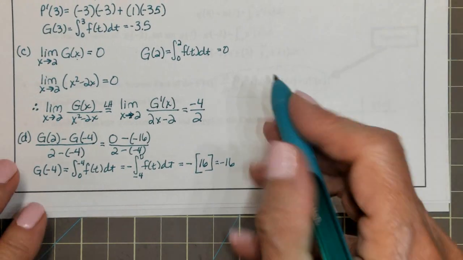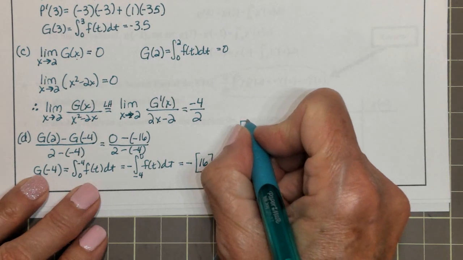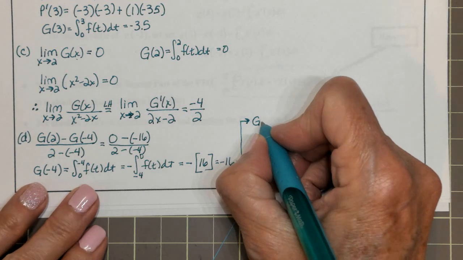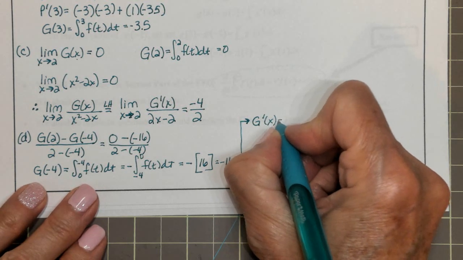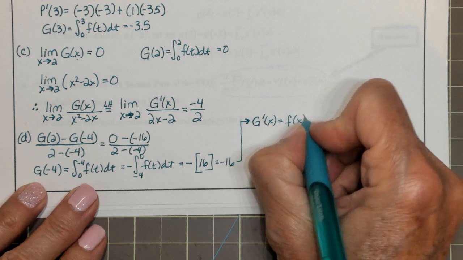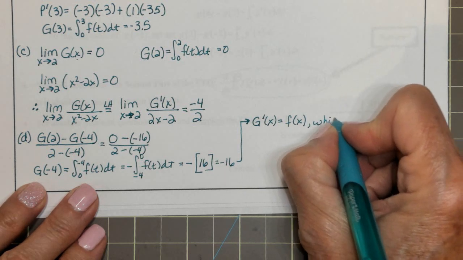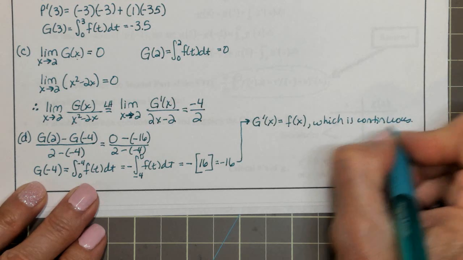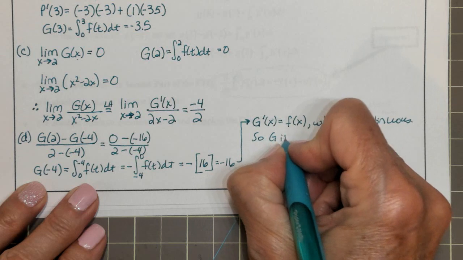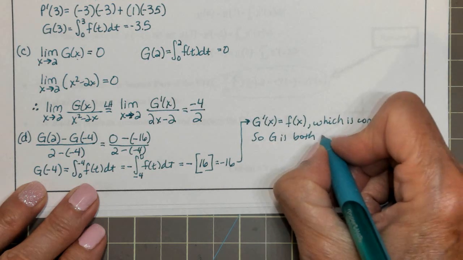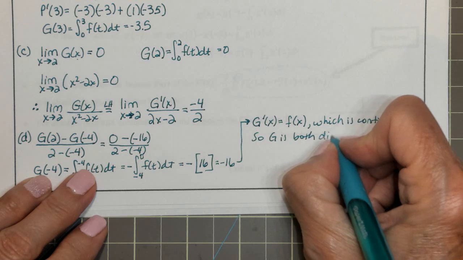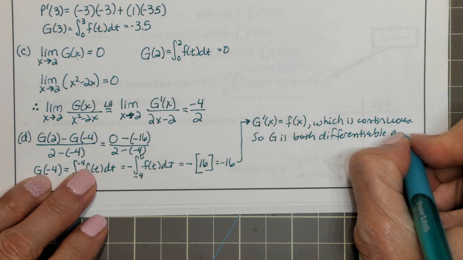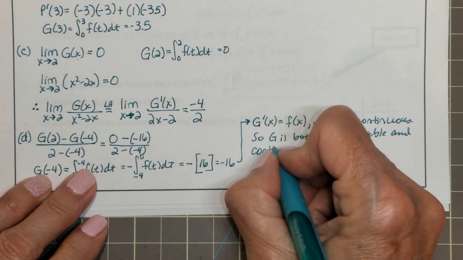So I'm going to make a statement here. G prime, I'm going to say what I'm thinking. G prime of x is equal to f of x, which is continuous. So G is both differentiable and continuous.